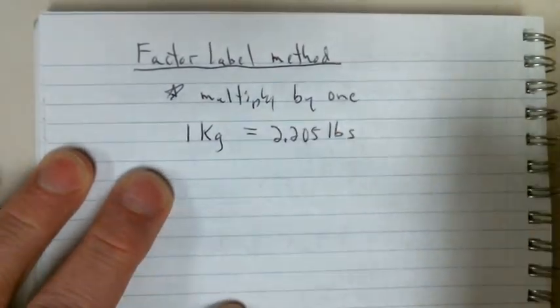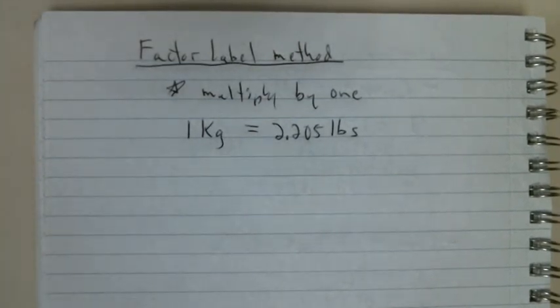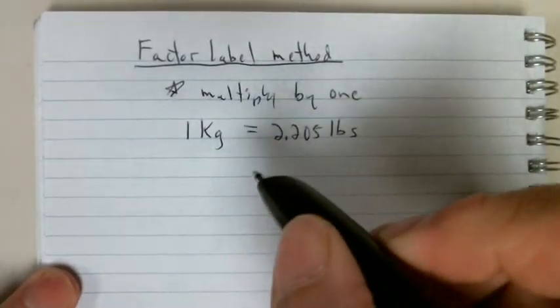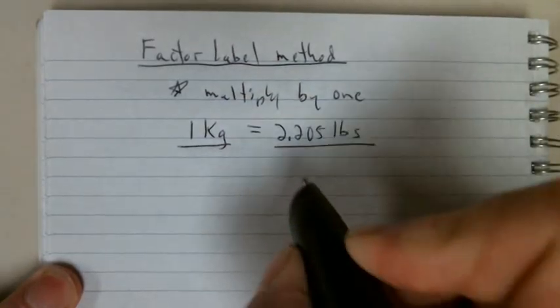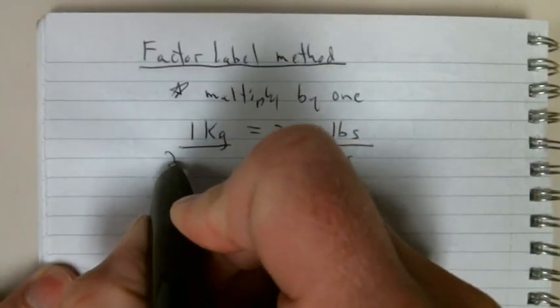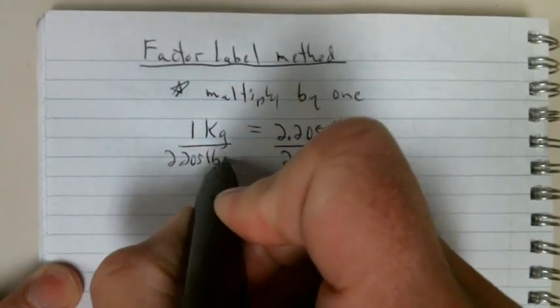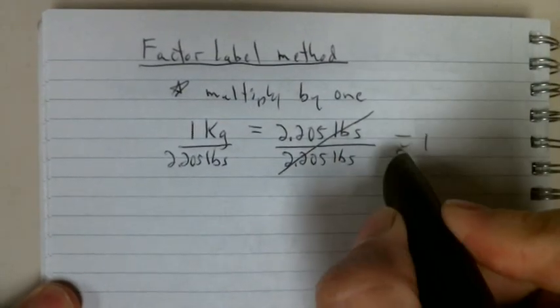So 1 kilogram is the same amount of mass as 2.205 pounds. And we can make 2 different conversion factors out of that. Manipulating this, I can divide by 2.205 pounds, and then now this is equal to 1, right?